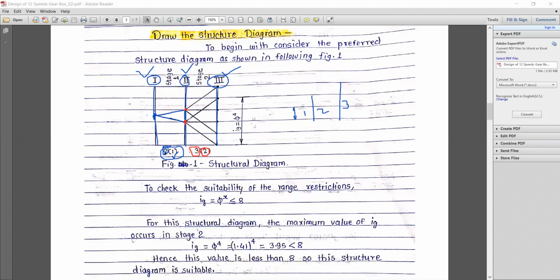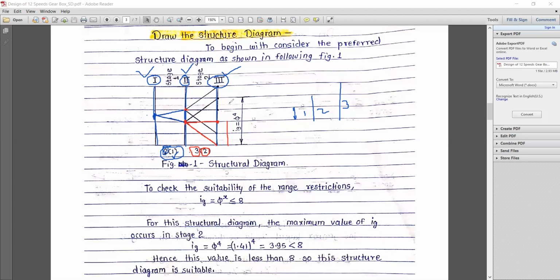So first of all, draw a single line at the end. I have drawn it over here. What is the spacing? 2. So this is the 2 spacing. Where is the second point? This is the second point. I am drawing the second line. So first point, second point, we need a third point.